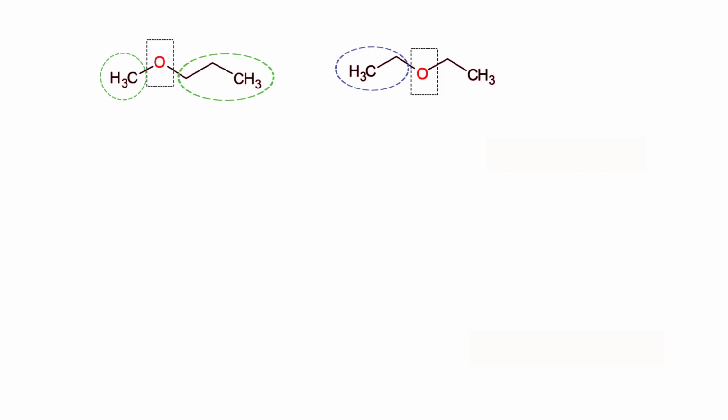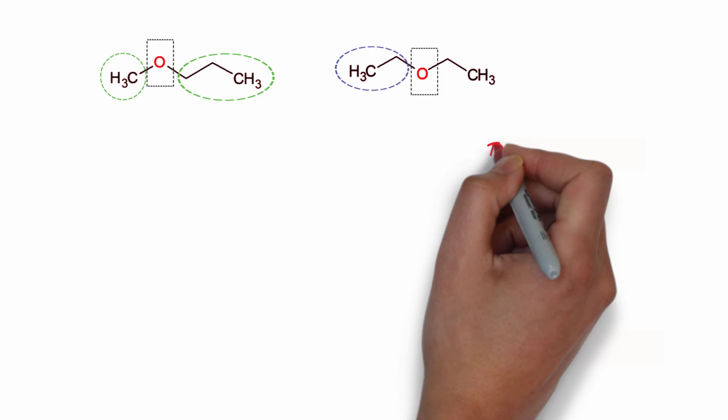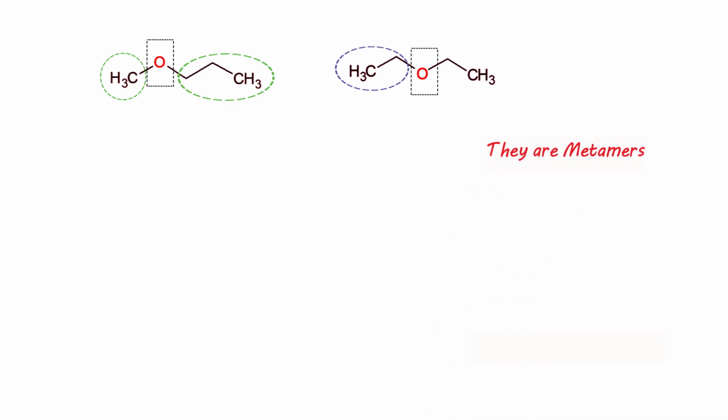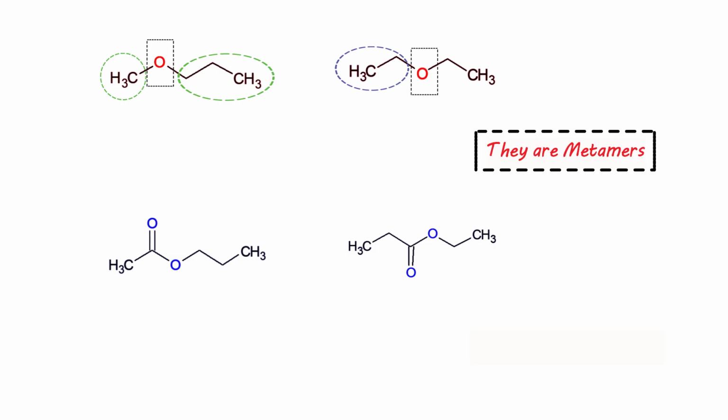So these two molecules have the same molecular formula. They belong to the same class, that is, having the same functionality, that is ether, but they differ from each other in the hydrocarbon or alkyl chain on either side of that functionality, so they are metamers. In the same way, looking at these two molecules, they have an ester functionality.